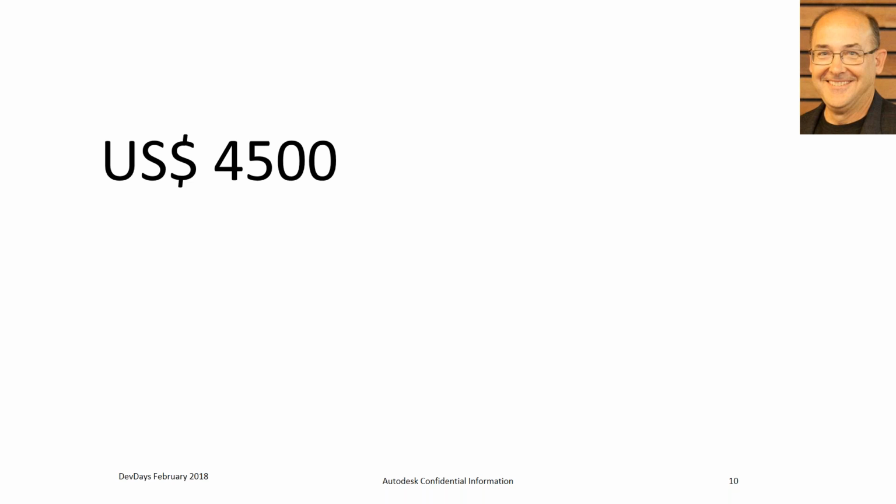Maybe for AutoCAD, a perpetual license would be $4,000, maybe for Revit, $5,000, maybe for something like Civil 3D, $6,000, but it's in that $4,500 region. And think about how that feels if you need to buy a perpetual seat. You have to put out that much money. And maybe you need to buy 5 seats or 10 seats. Then it's about $20,000, $40,000 for perpetual licenses.